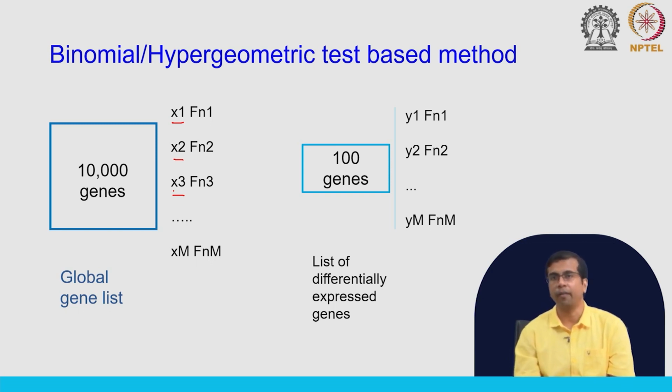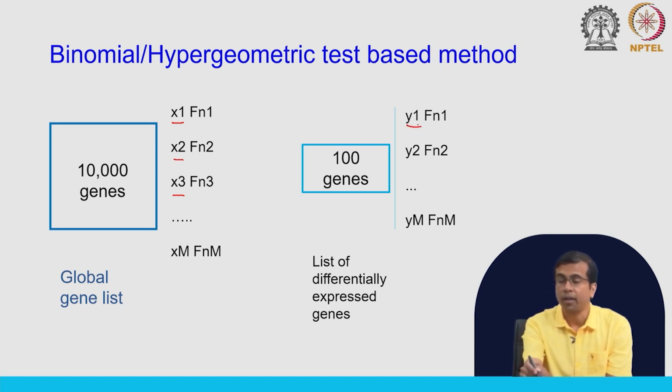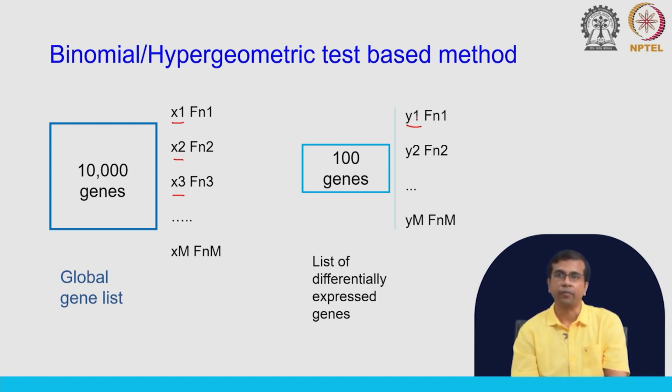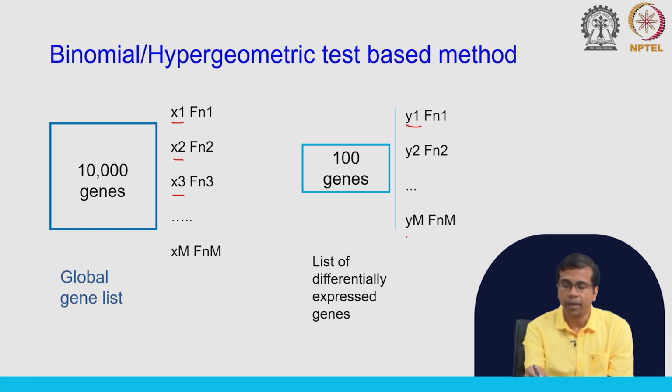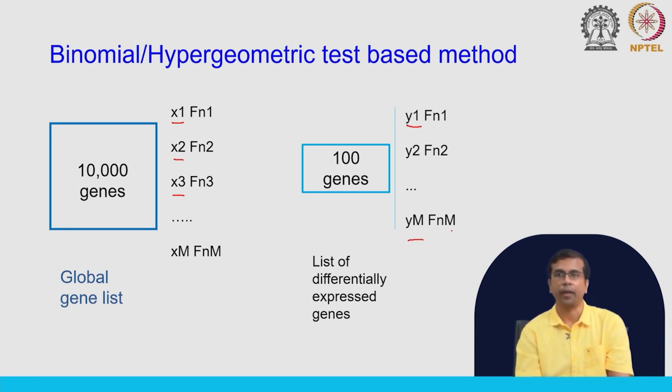Now, let us say we have got this list of differentially expressed genes, and let us imagine we have got 100 genes in the list. Out of these 100 genes we see y1 number of genes that belong to function class 1, y2 number of genes that belong to function class 2, and ym genes that belong to function class m.